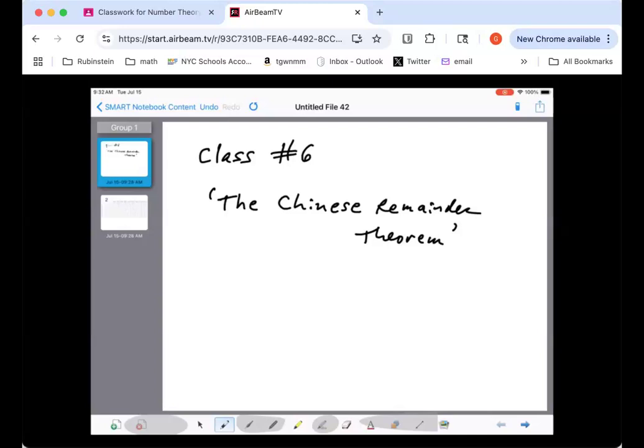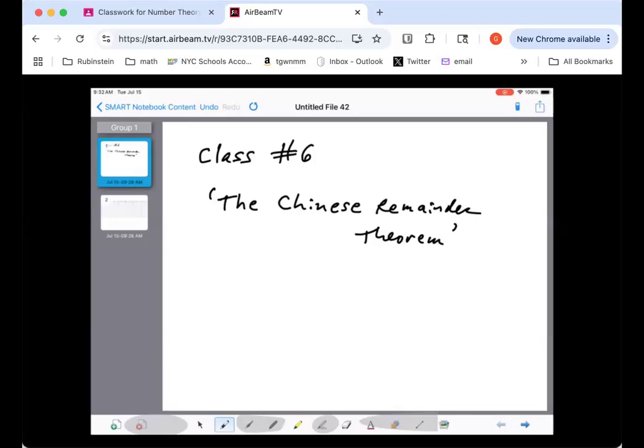I mentioned that a lot of number theory textbooks don't have as much overlap as other math books do. But one thing that's in every number theory book is something called the Chinese remainder theorem. It's called that because these sorts of questions were first found in Chinese math books.